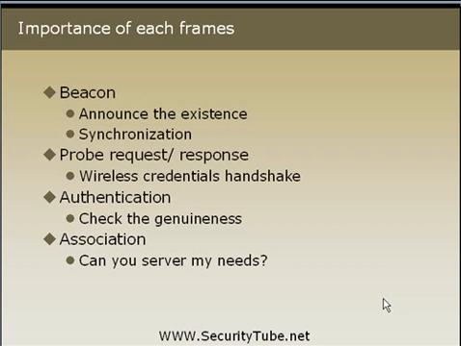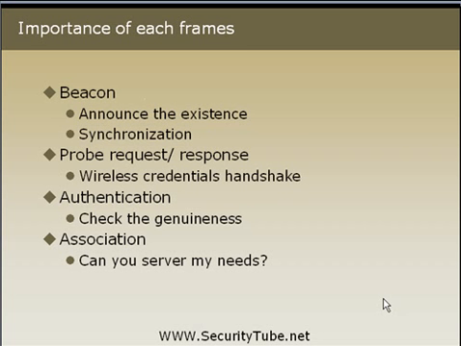In shared key authentication, which is the second type, there is a shared secret between AP and station. AP will give some challenge which the station will encrypt, and if the encrypted challenge is correctly decrypted by the AP, only then AP will send the authentication success frame.